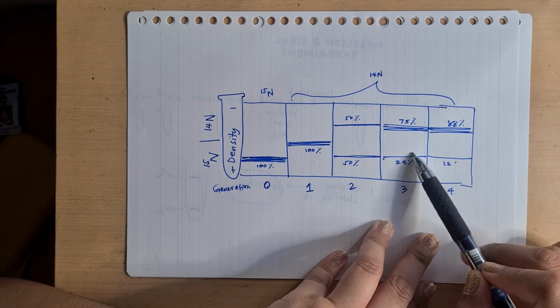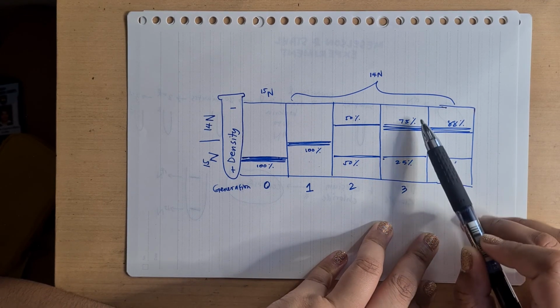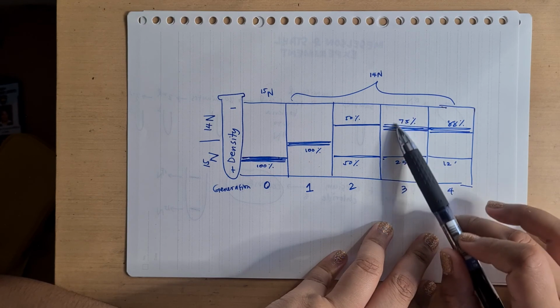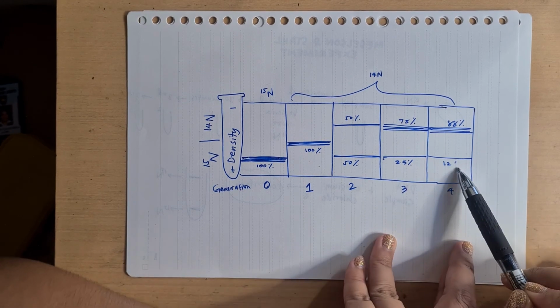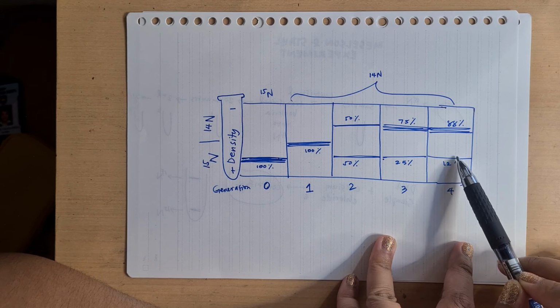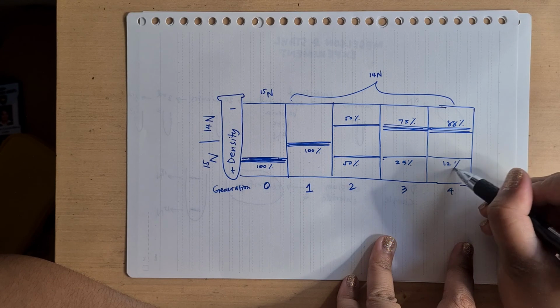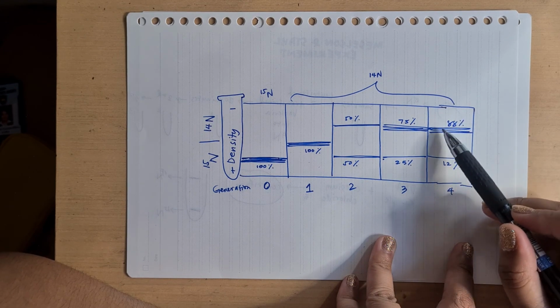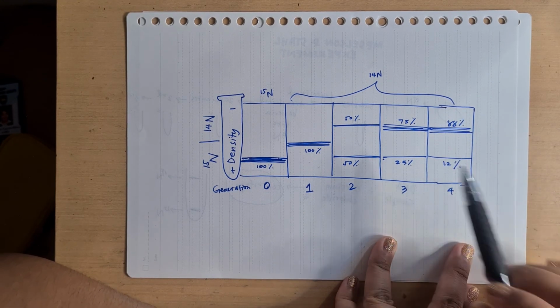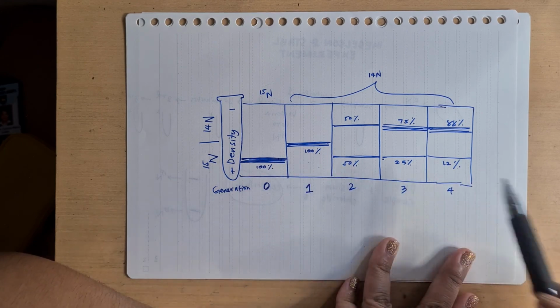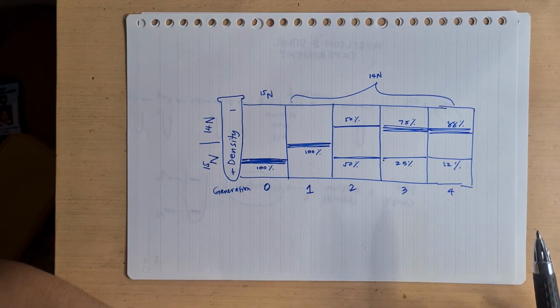Therefore, in the third generation, the old N15 will be 25%, and the new will be more of the N14. In the fourth generation, you could see that the N15, the old strands, would be only 12%, while the newer ones would be more of the N14. Because of this pattern, Meselson and Stahl were able to prove that the theory most likely happening in DNA replication is the semi-conservative method.